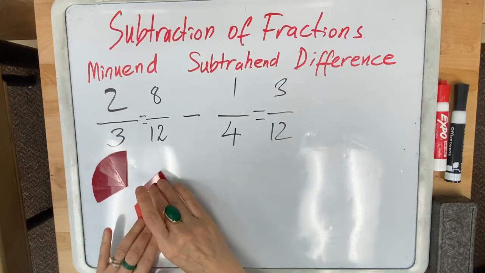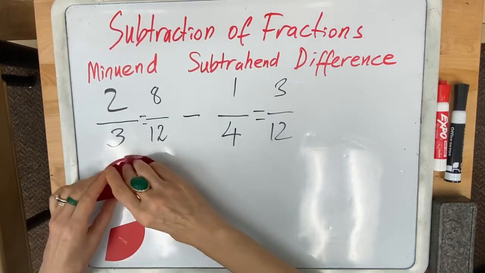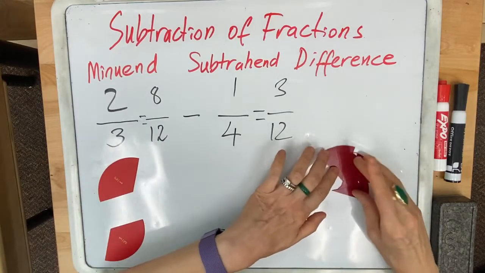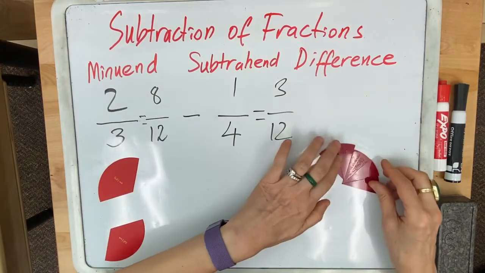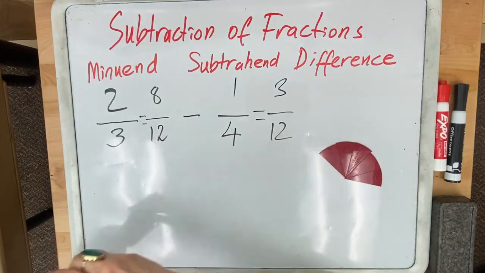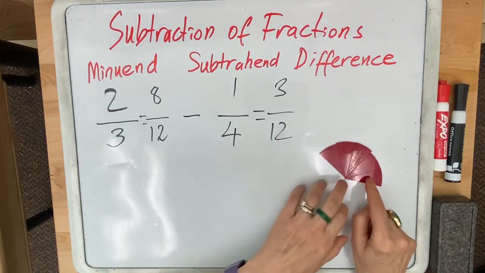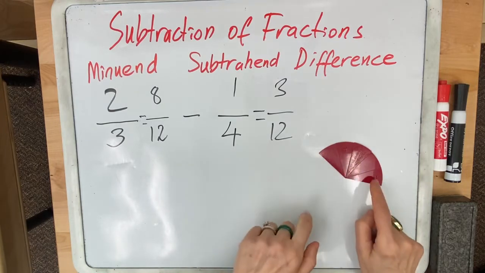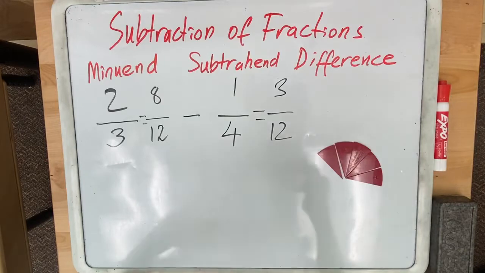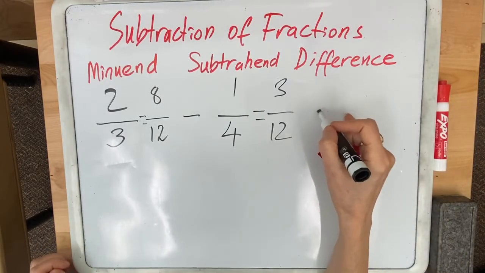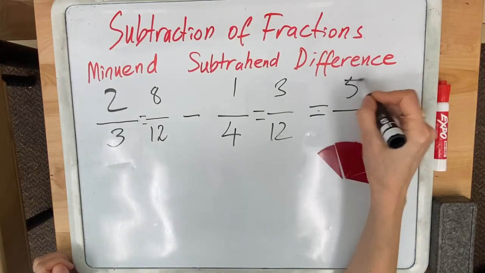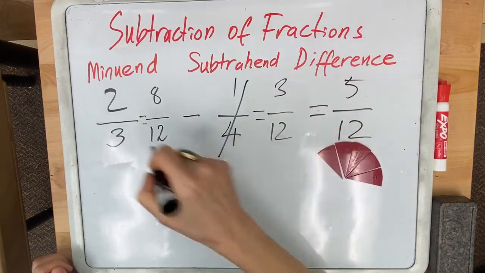And what do I have left? That's what I have left. Here is the difference between the two fractions. And my difference is 1, 2, 3, 4, 5 12ths. 5 12ths.